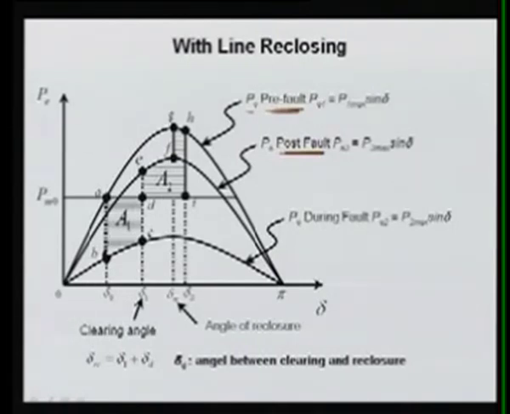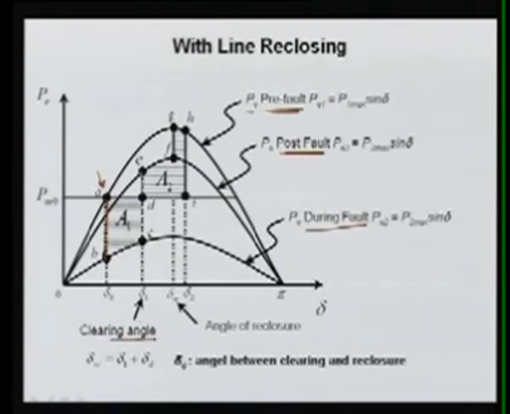In this case your operation is at point A, the intersection of PM naught and the PE angle, that is the pre-fault. After that there is some fault. Your system comes here, trying to follow this during the fault condition, and then once the fault is cleared, there is a clearing angle.